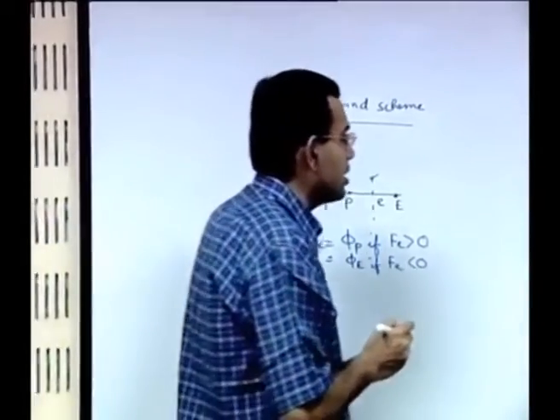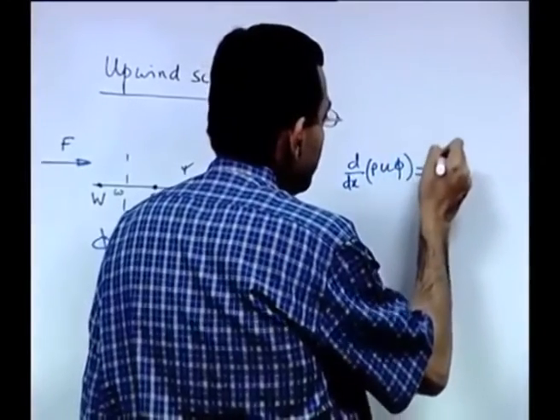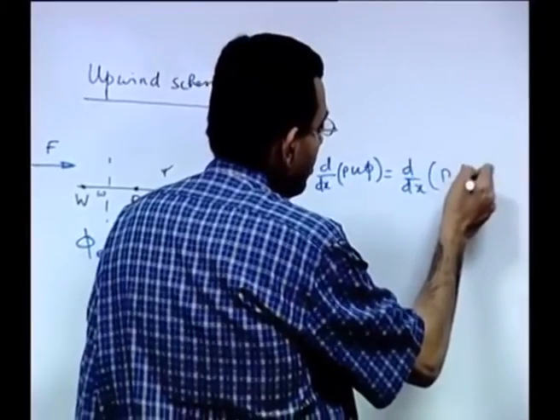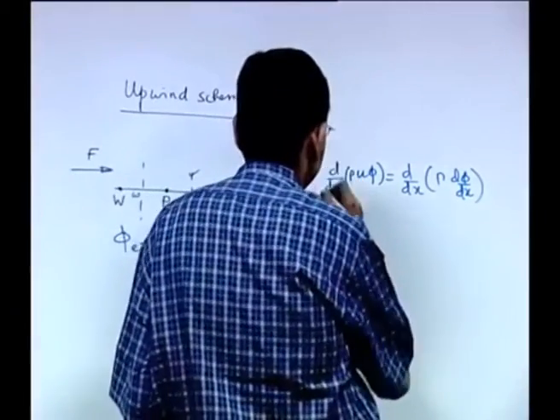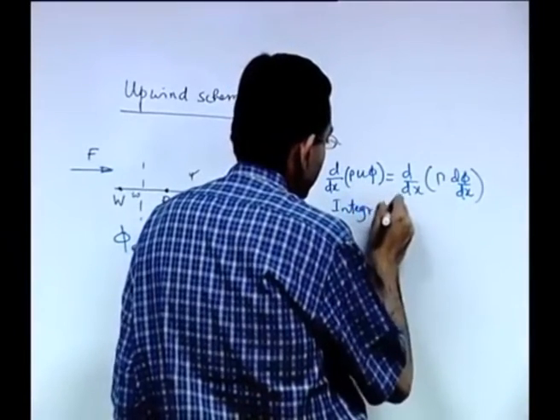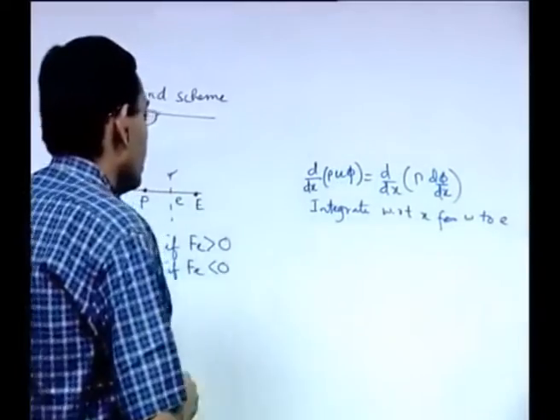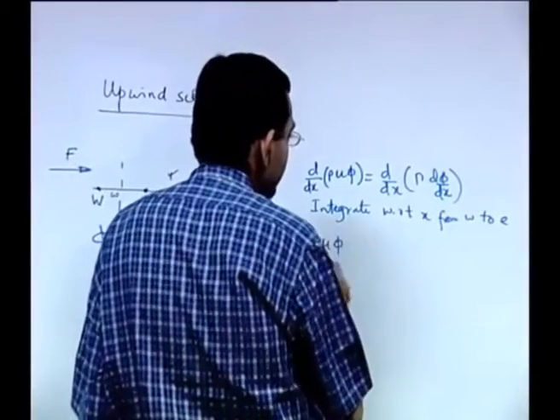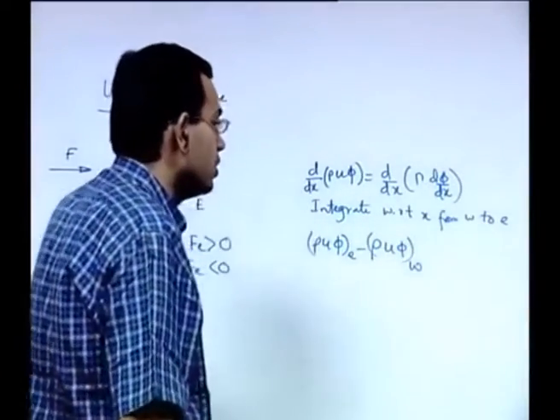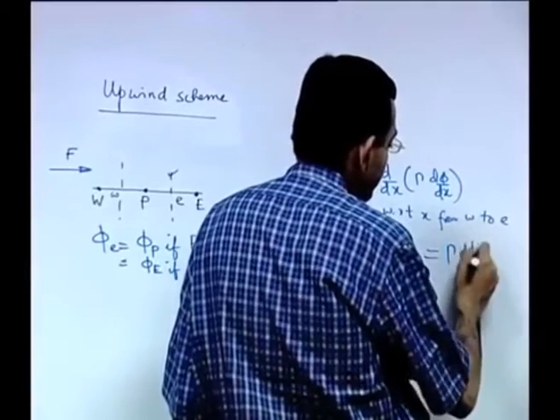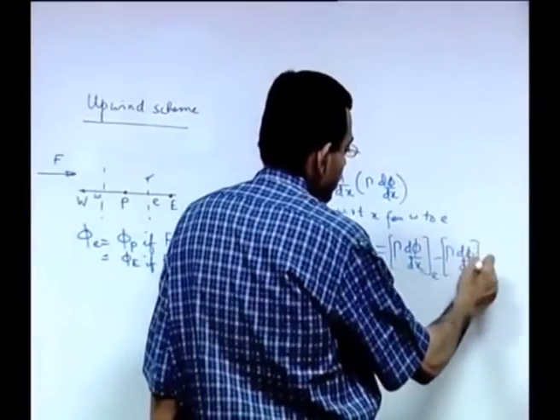Remember that if we discretize the governing equation, d/dx of rho u phi is equal to d/dx of gamma d phi/dx, that means if we integrate it with respect to x from small w to small e, then it becomes rho u phi e minus rho u phi w is equal to gamma d phi/dx at e minus gamma d phi/dx at w.